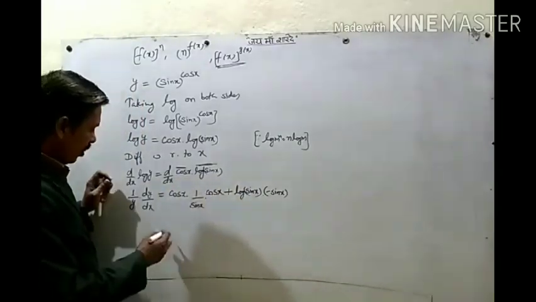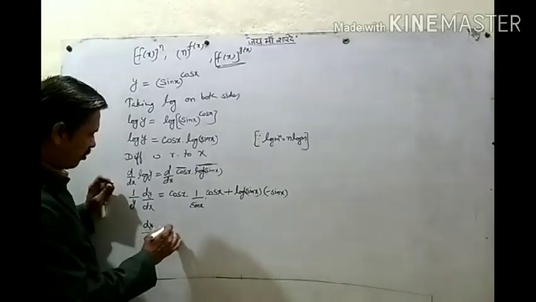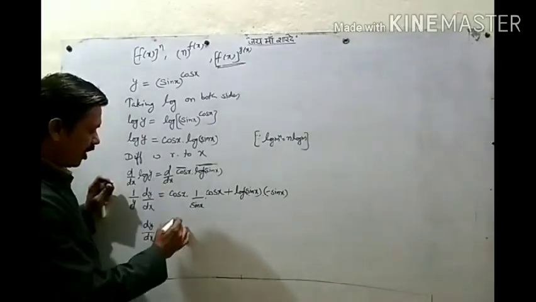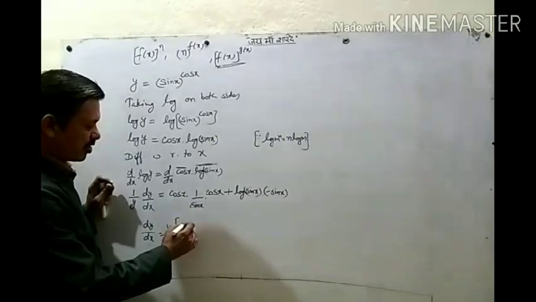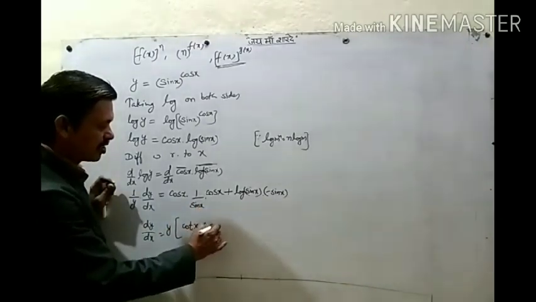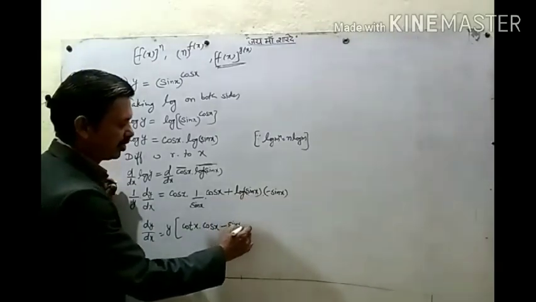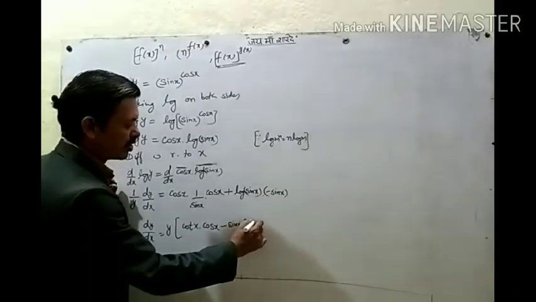So now dy by dx is equal to y, you can set aside y, into cot x into cos x as it is, and here minus sin x into log of sin x.